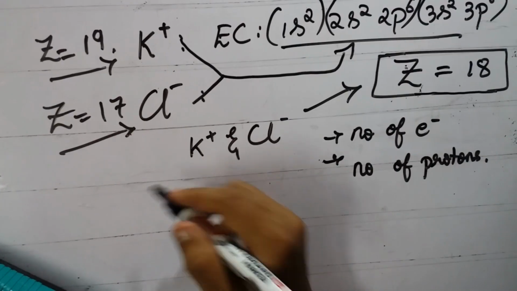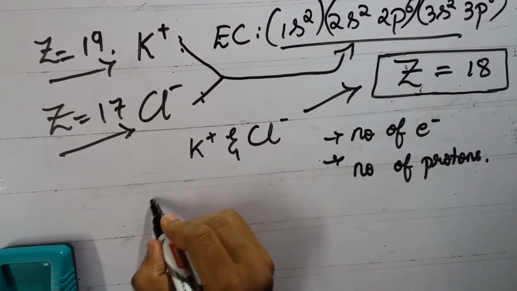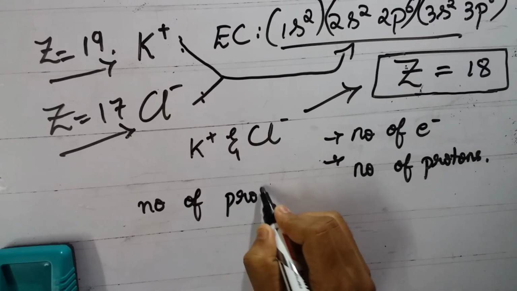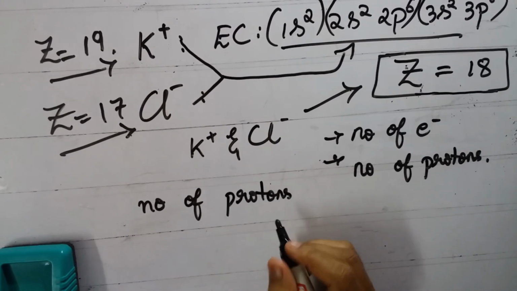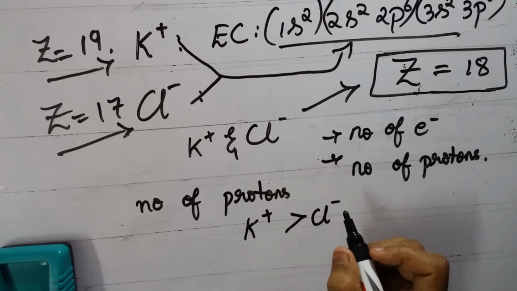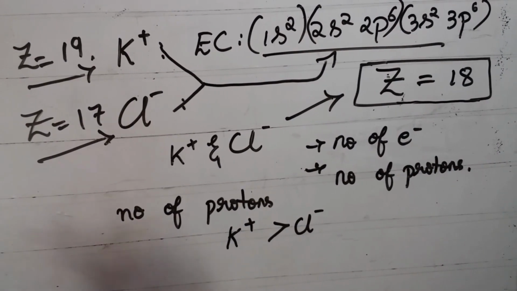Hence, the number of protons in K plus is greater than in Cl minus, which indicates the positive charge is greater in K plus ion than Cl minus ion.